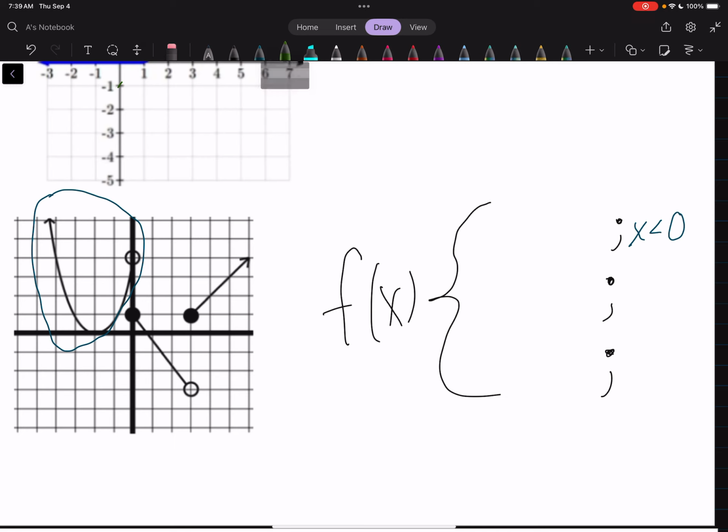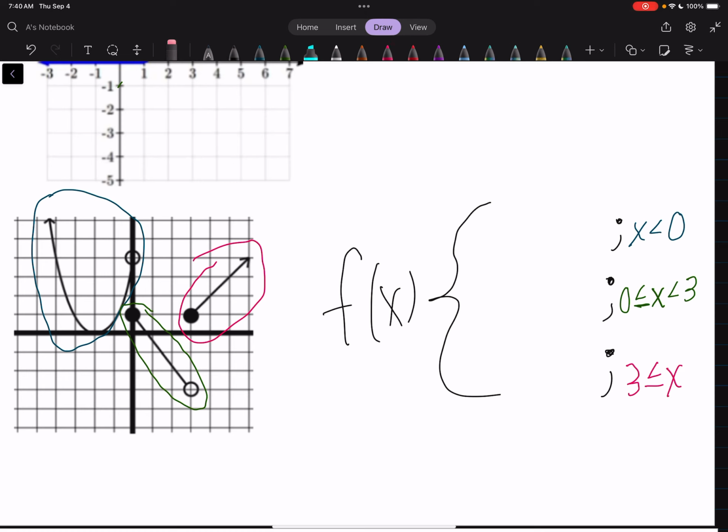My domain for the second function is including 0 and going to 3: 0 is less than or equal to x, which is less than 3. And lastly, this function is anything greater than or equal to 3.